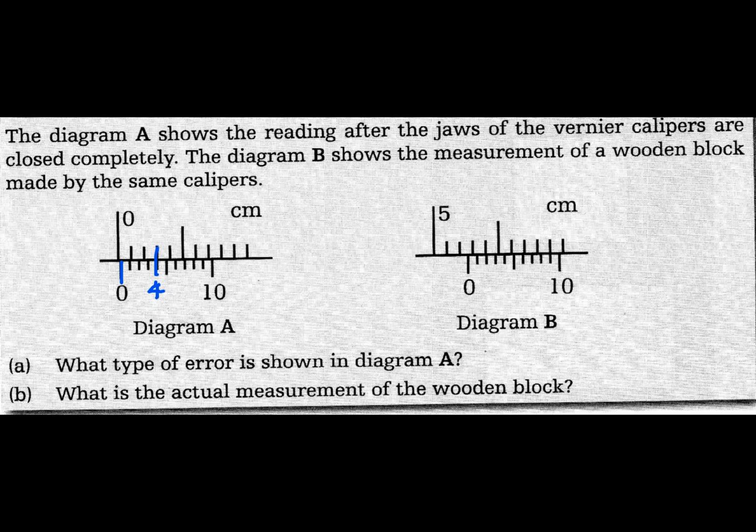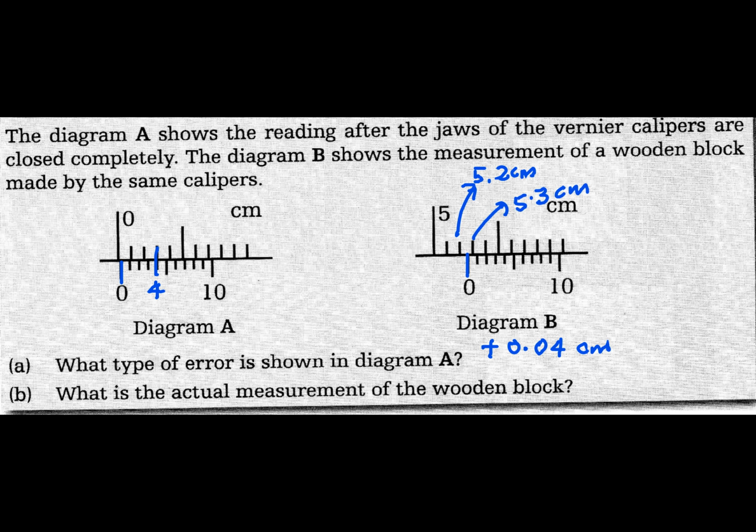Hence, the zero error is positive 0.04 centimeters. Now, what is the reading in diagram B? Well, the reading lies somewhere between 5.2 centimeters and 5.3 centimeters. So the reading must be 5.2 something centimeters.